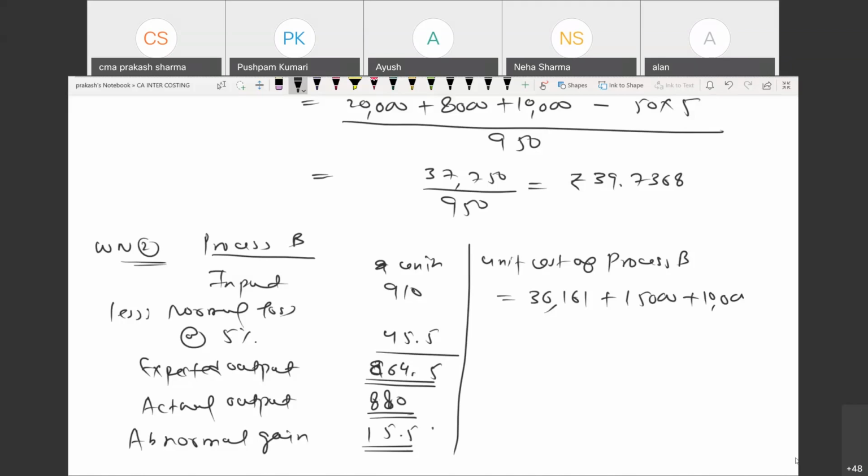less normal loss which was expected in the beginning of the period. Although the actual loss was lesser than normal loss, this cost calculation is done in the beginning of the process. Therefore, I take the scrap of normal loss on the basis of the quantity expected as normal loss. So it was actually 455 rupees, divided by expected output, my expected output is actually 864.5.